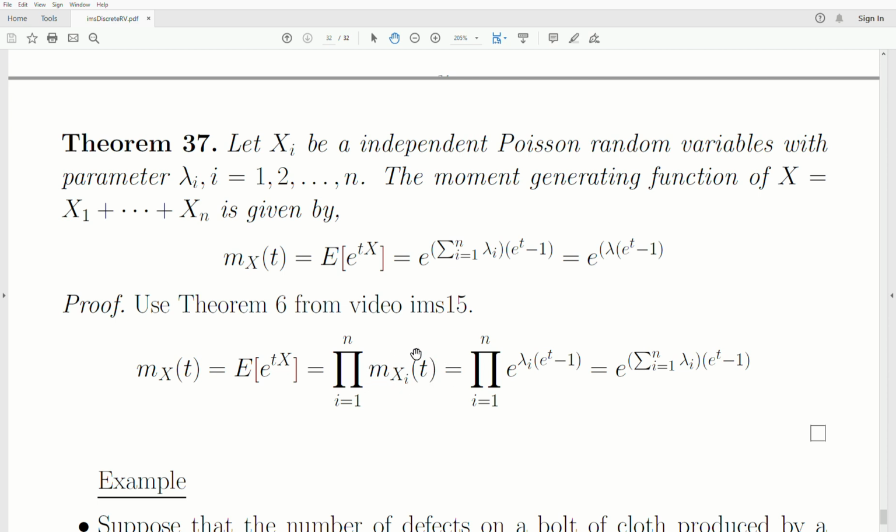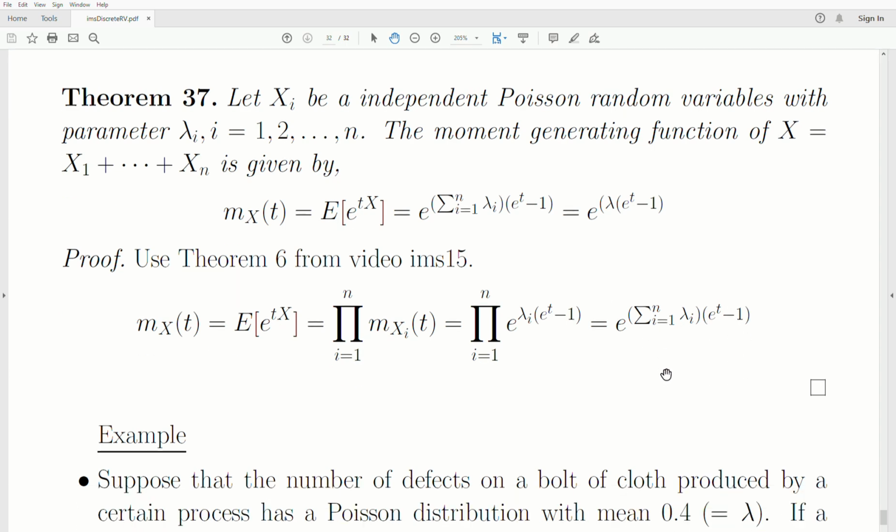And since each of these are Poisson random variables with parameter lambda i, we're taking the product from 1 to n, so plug in 1, then 2, then 3, and you get this expression. But this is what we wanted to show, right? So it's, again, a Poisson random variable.